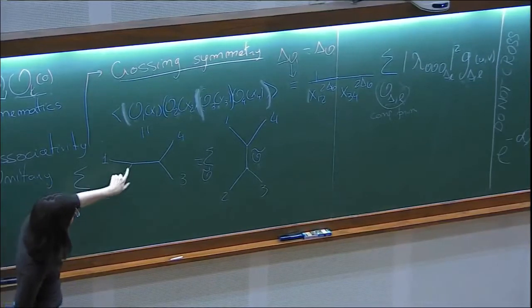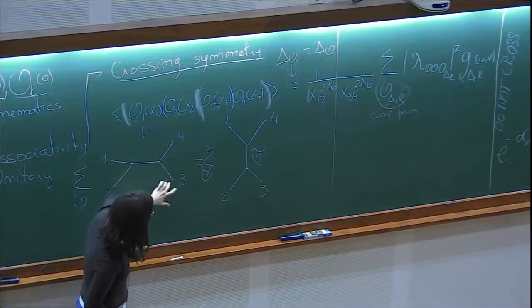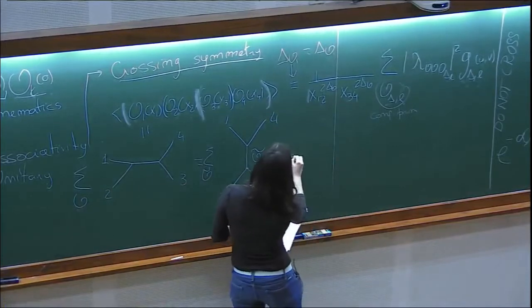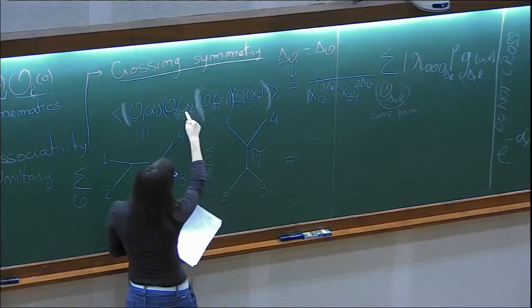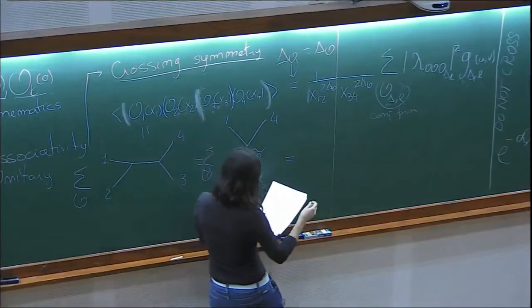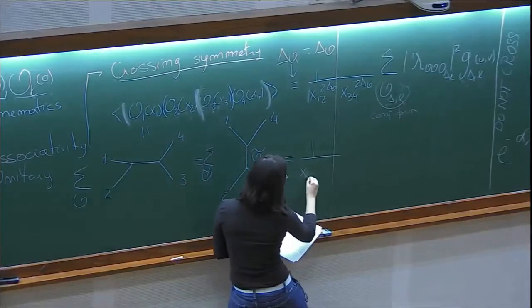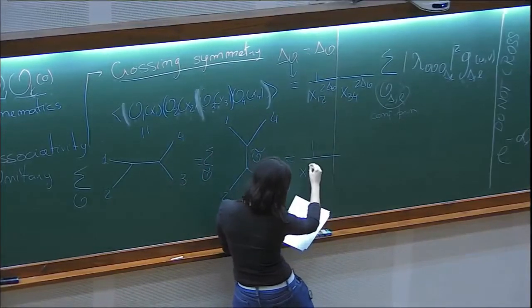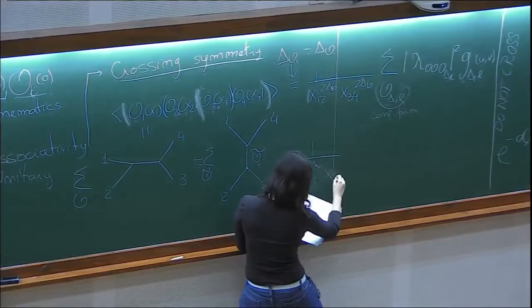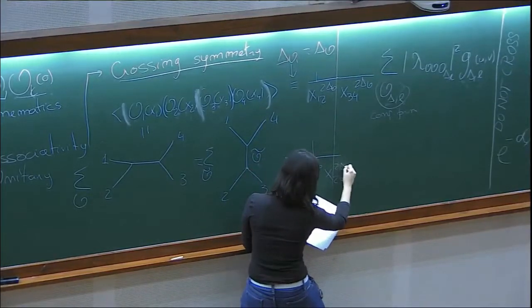I took the OPE of 1 and 2, and then I got this. And now this should be equal to taking the OPE of 2 and 3. So now this will look like this. Now I'm taking the OPE of 1 and 4, and 2 and 3.